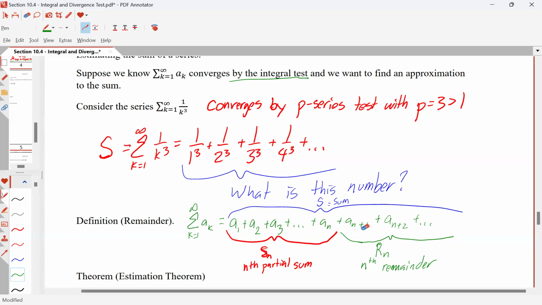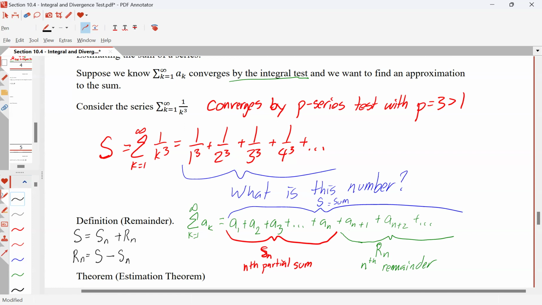It's the stuff that's not included in the nth partial sum. However, simple addition tells us that the sum is the nth partial sum plus the nth remainder. This also means that the nth remainder is the whole sum minus the nth partial sum.